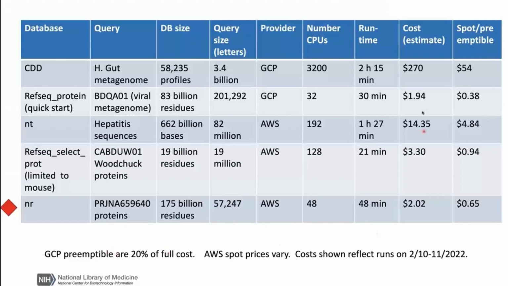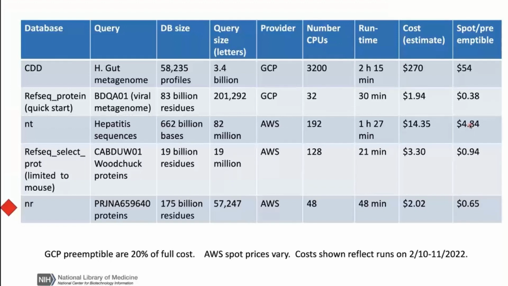Okay, some notes on where these cost estimates come from. For the GCP runs, I calculated the cost based upon how long they took to run. The GCP preemptibles, I simply calculated as 20% of the full cost. For the spot instances, I did both the full price run and the spot run, and then I looked at the cost of that spot instance at that point in time.